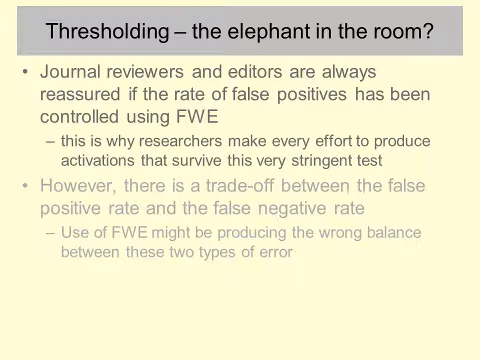And so researchers put all their efforts into producing activations that survive such stringent tests. But as I said earlier, there's a trade-off between controlling that false positive rate in the data and the more hidden false negative rate, the activations that are missed. And it might be that use of family-wise error rate procedures is producing the wrong balance between the two types of error that an experiment can make.